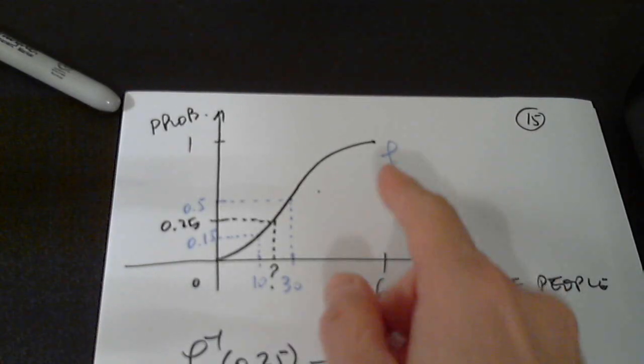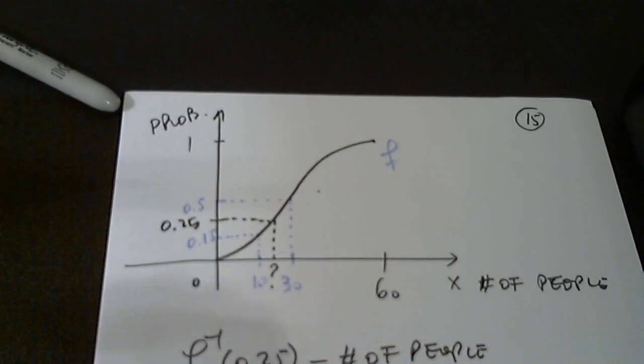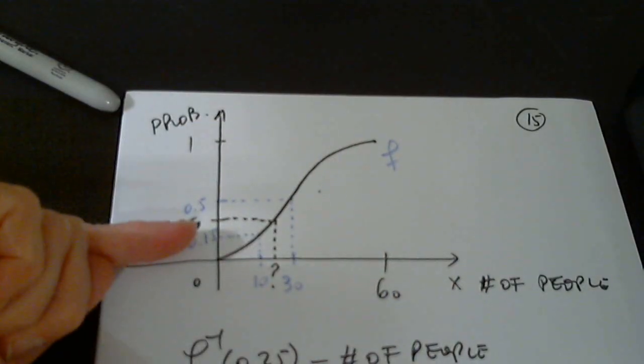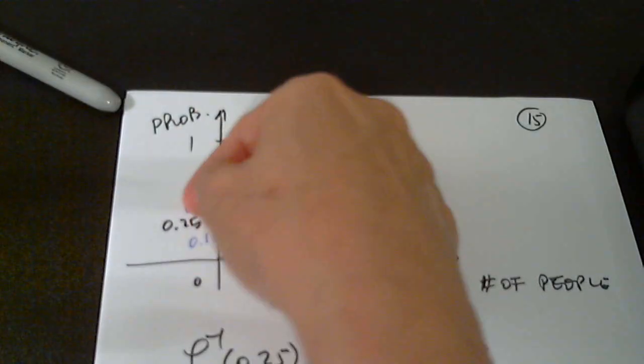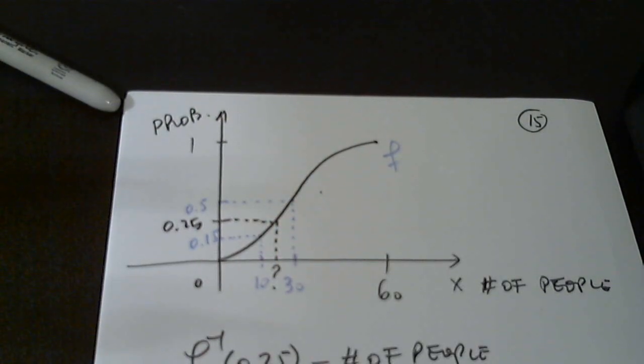So for the function, f of x, for the inverse, f inverse applied to this number will give us back this number. So let's go back and read from the graph. What will it mean? In other words, f inverse of 0.25.